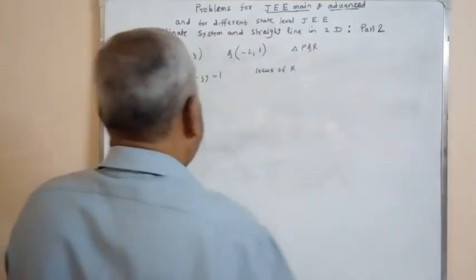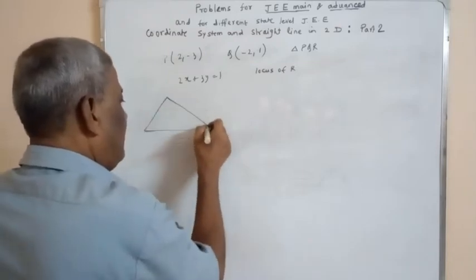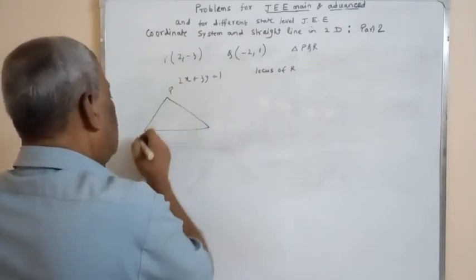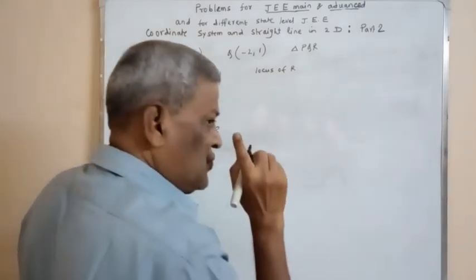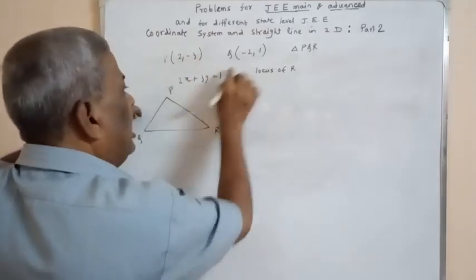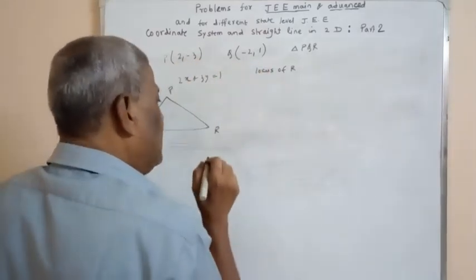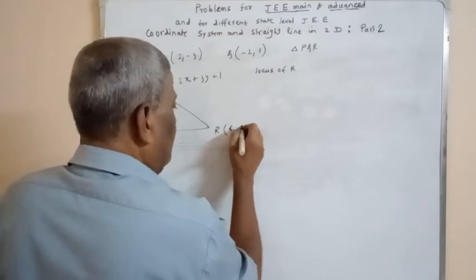It means PQR is a triangle. P point is this, Q point is that, R point is not given, let it be (h, k).